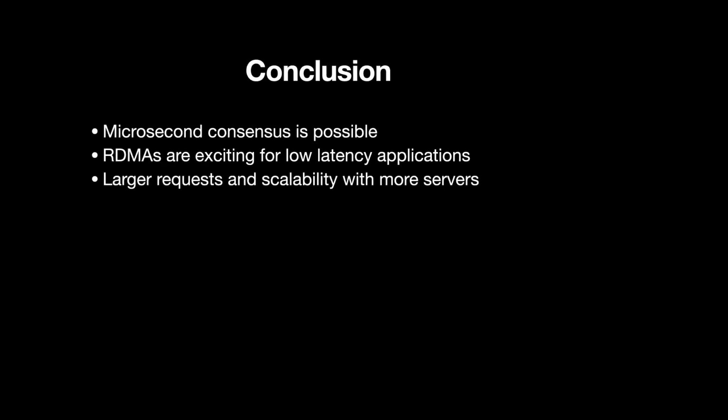I'm a bit suspicious about what would happen to the mu performance as we try to replicate larger requests, and how it would scale with the number of servers. But I think we can discuss it after the presentation. With that, I'd conclude here, and we can start the discussion from here.